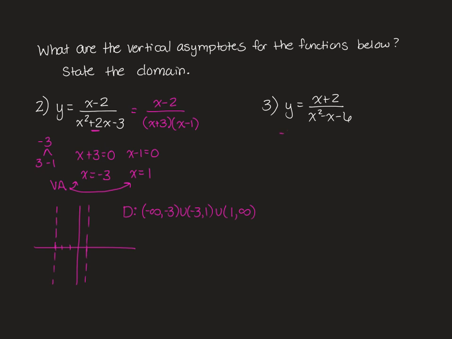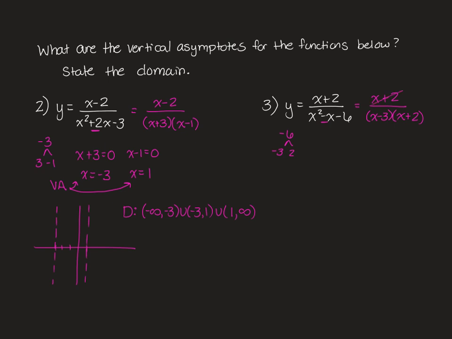Two numbers that will multiply to negative 6, but add to negative 1. My numbers are going to be negative 3 and a positive 2. So this will be x plus 2 over x minus 3 times x plus 2. Now, I have the x plus 2's, they cancel.